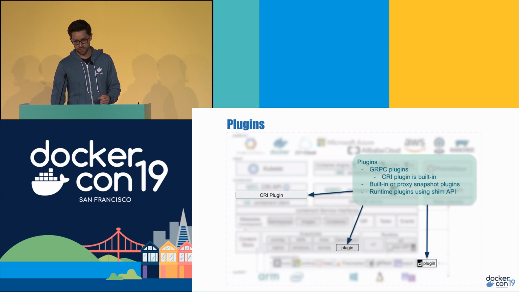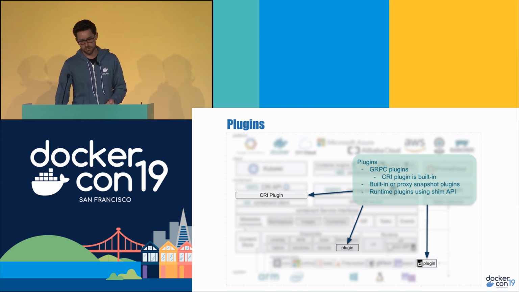So Containerd has a few different spots where you can do plugins today. The CRI plugin is actually just a gRPC plugin. The Firecracker folks are actually using a gRPC plugin as well in order to do some of their VM management. You can register any gRPC service on Containerd's socket that it listens on.